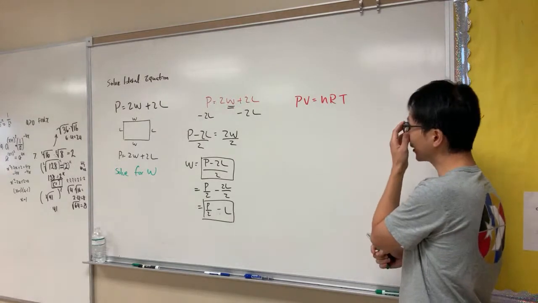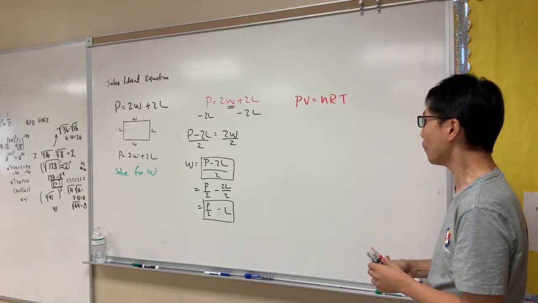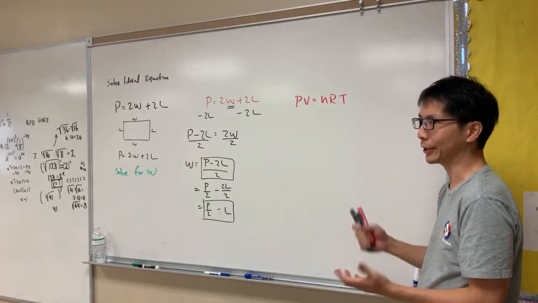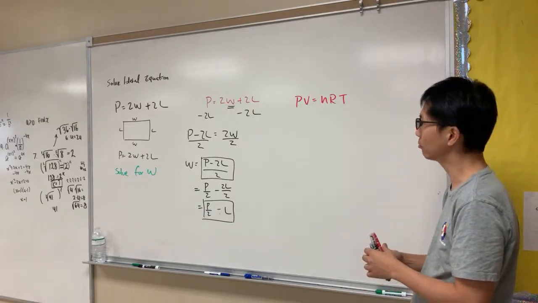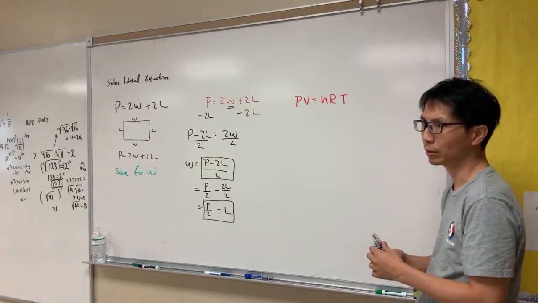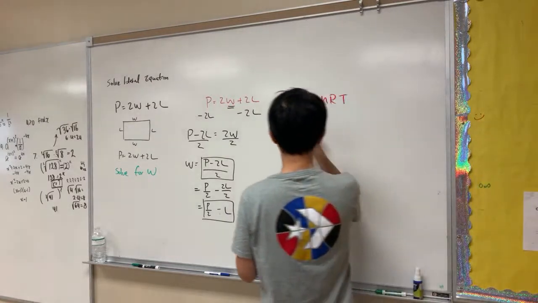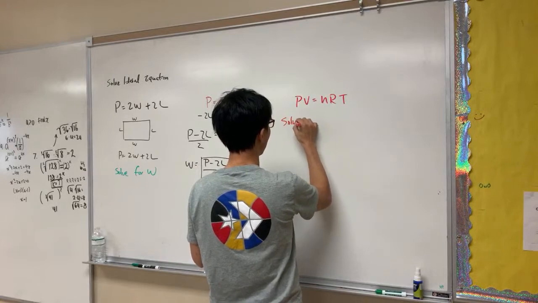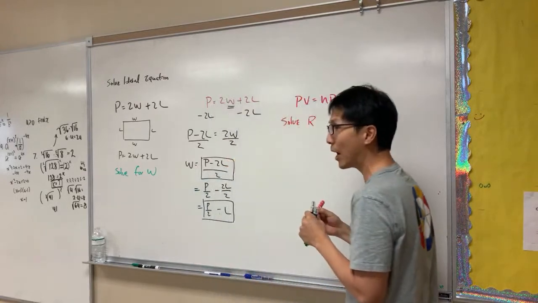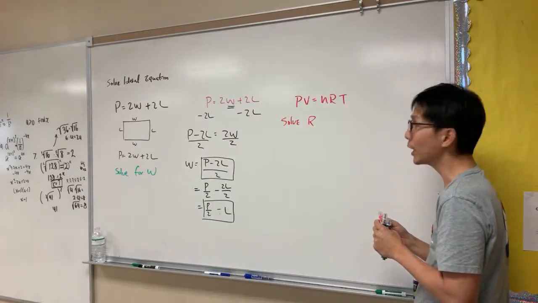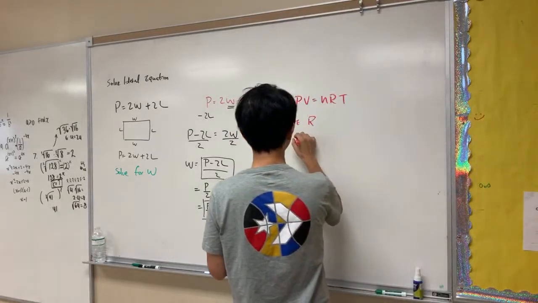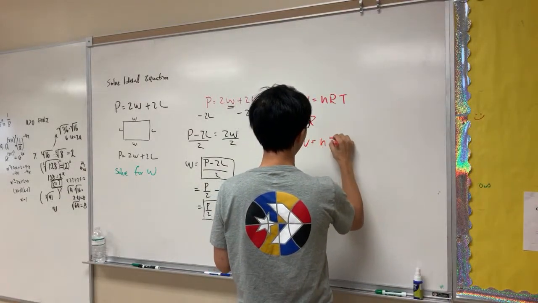Okay, PV equal to NRT. So then you say, okay, I can solve for any letter here. Which letter would you like to solve? Let's solve for R. How do I solve for R? You divide it by what? NT, good. So PV is equal to NRT.